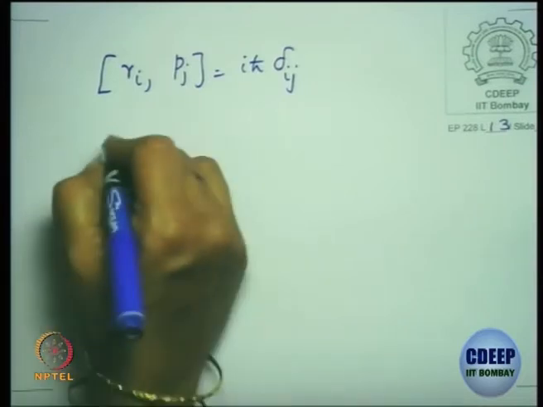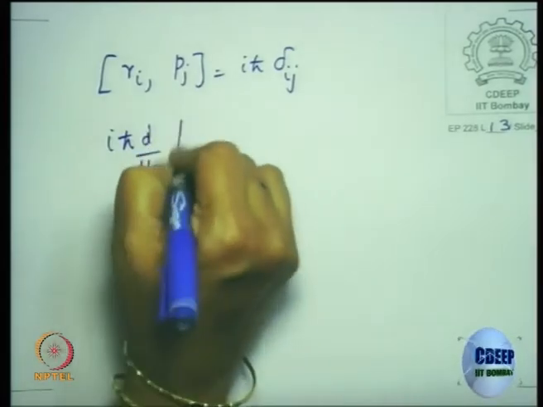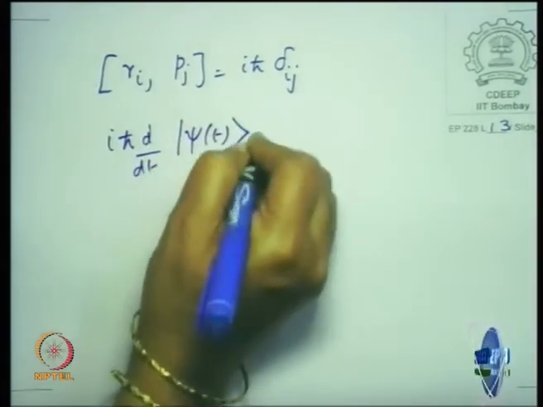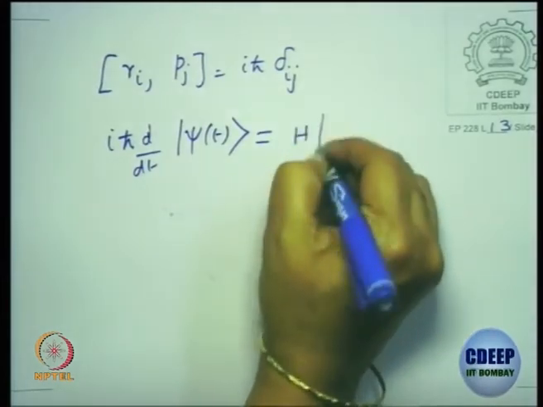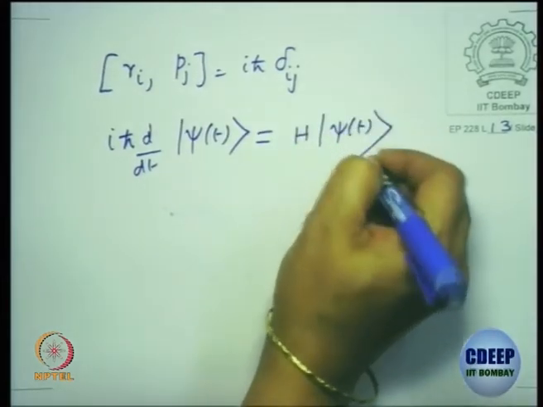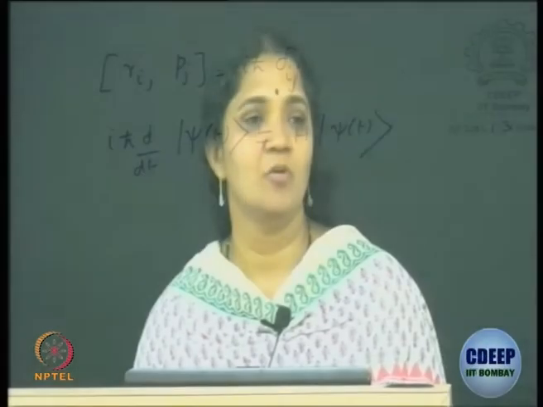We also had an evolution equation, i h cross d/dt of psi of t equals H of psi of t. This is the empirical equation which allows you to get the state of a system at any time t, which is evolving due to the Hamiltonian.